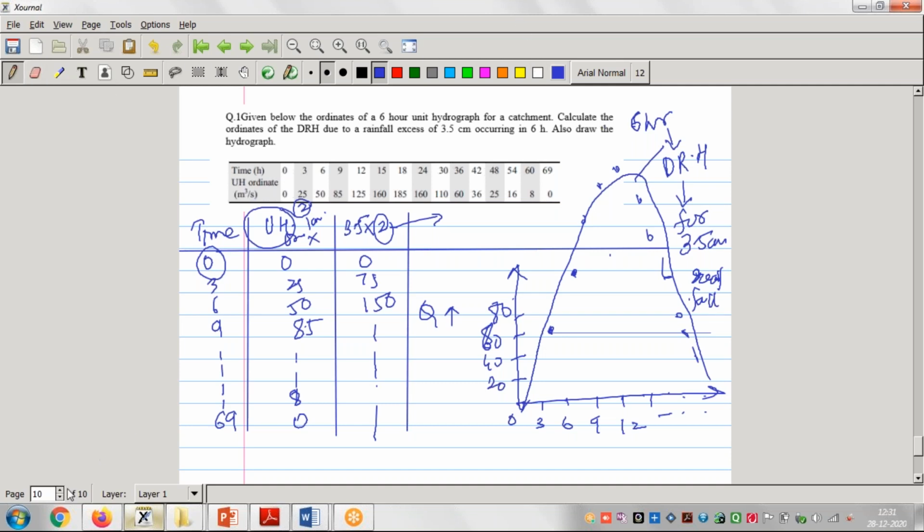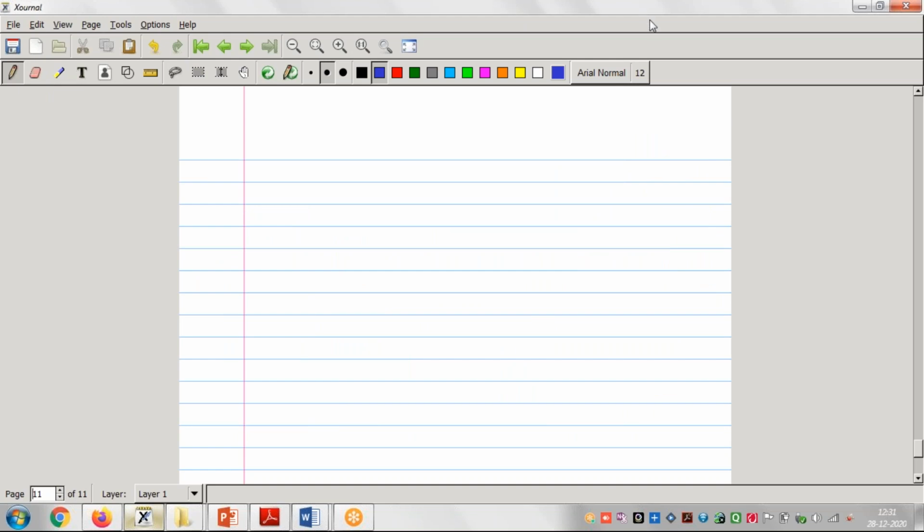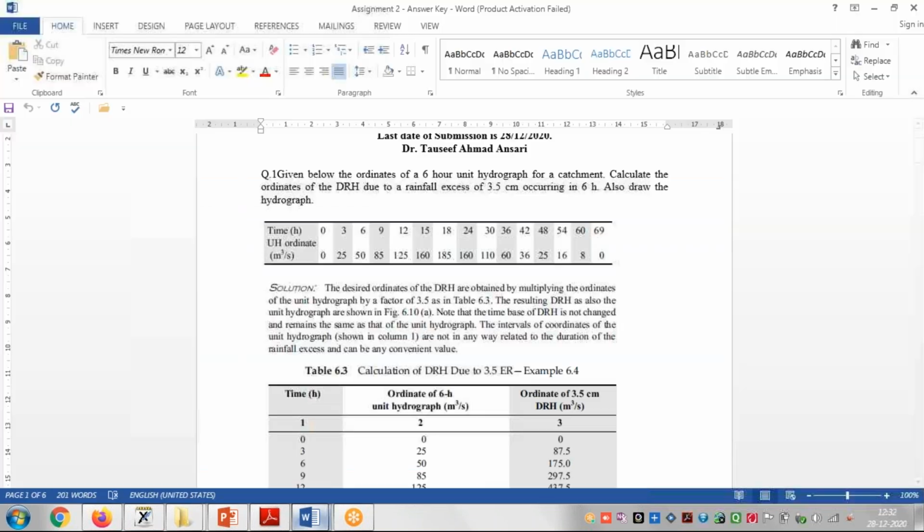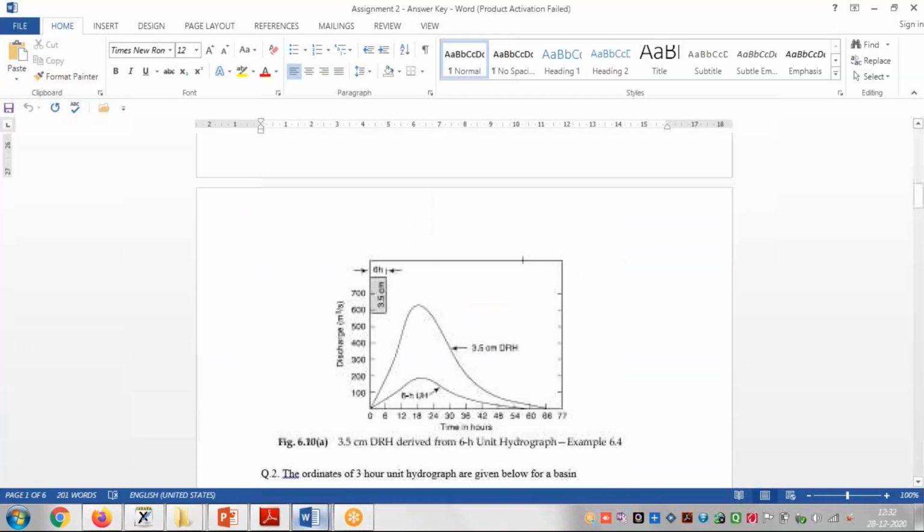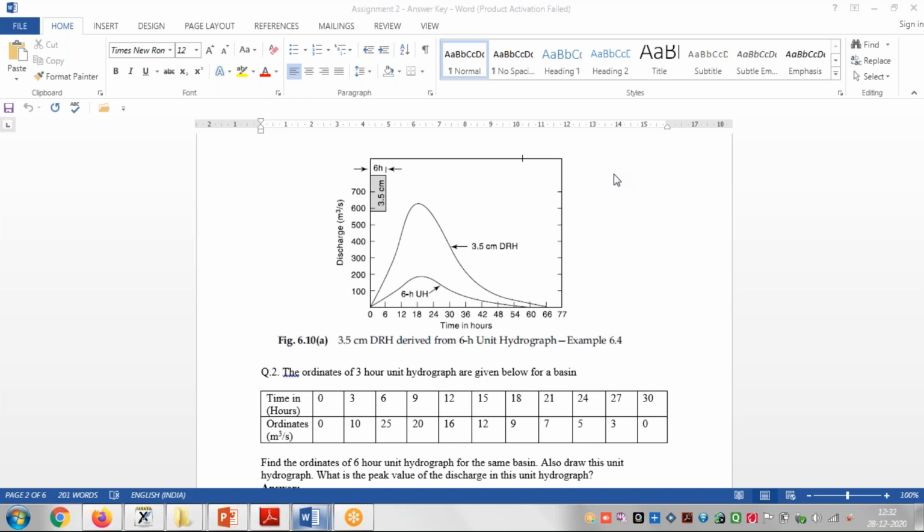Is it okay or not okay? Okay, doctor. Now see here. If you compare this graph, this ordinate is small because it is for 1 centimeter rainfall, and this graph is because of 3.5 centimeter rainfall, right?